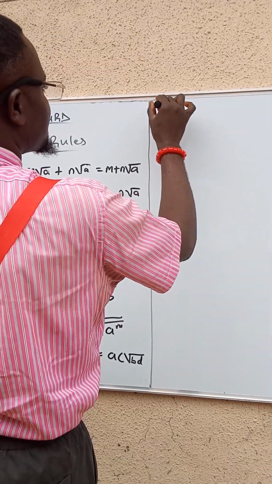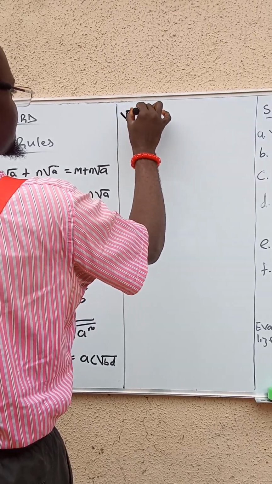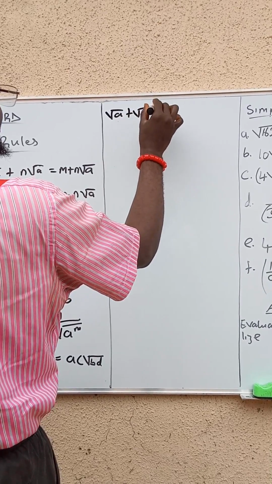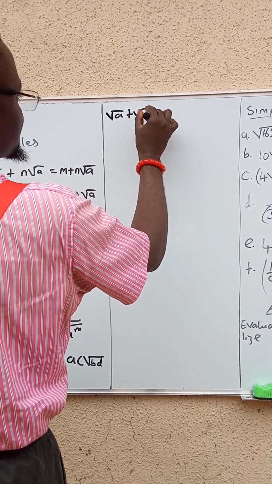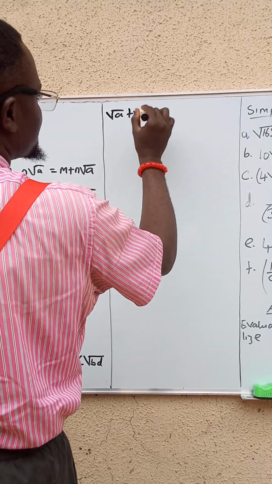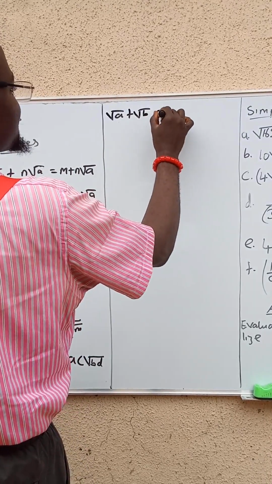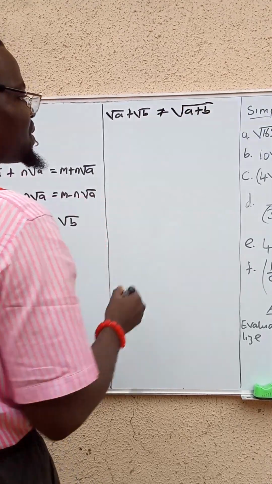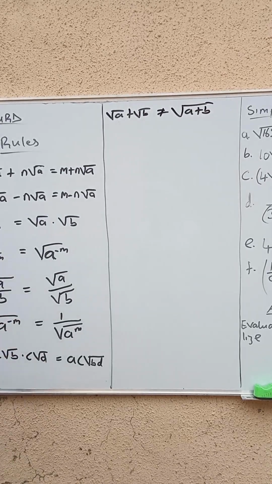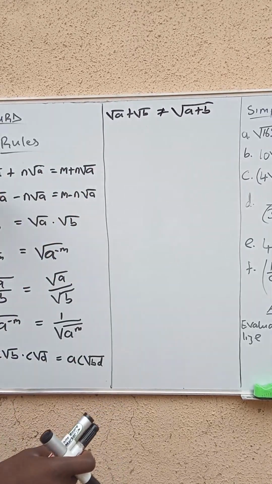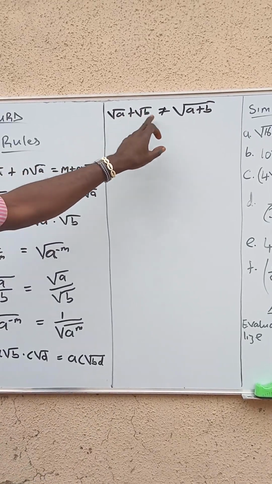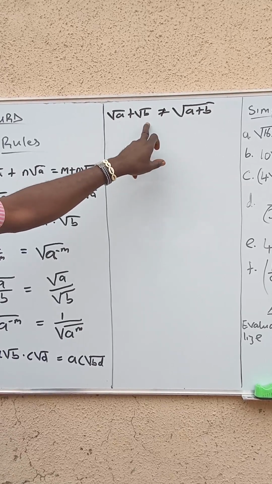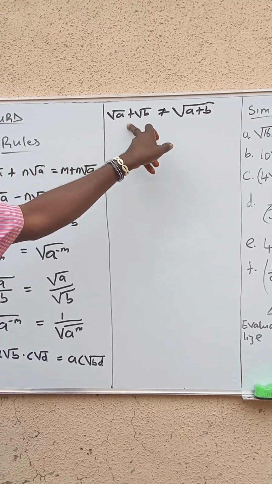If I have root A plus root B, it is not the same thing as root A plus B. In case there's a plus here, they must have the same inside, and if they have the same value inside, then it will be 2 of it.